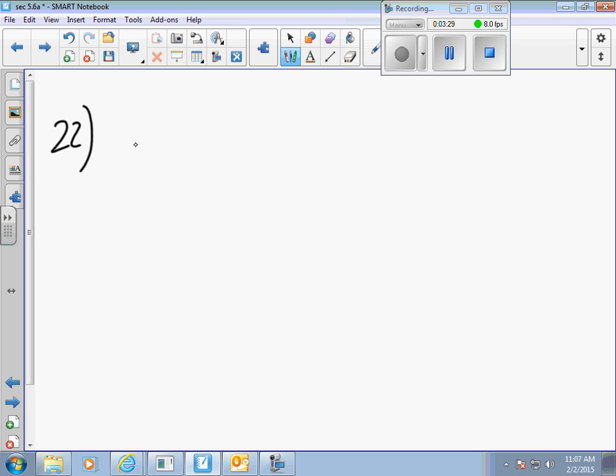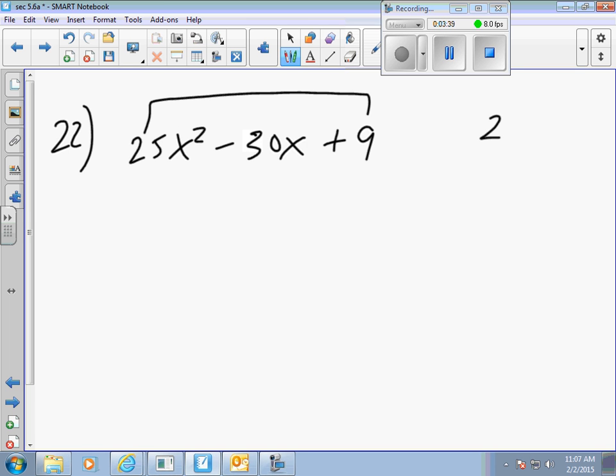We have 25x squared minus 30x plus 9. If I multiply, I get 225. My factors of 225 that add up to negative 30, going to have to make my list. I know they're both going to be negative because they're multiplying to give you a positive, adding to give you a negative.